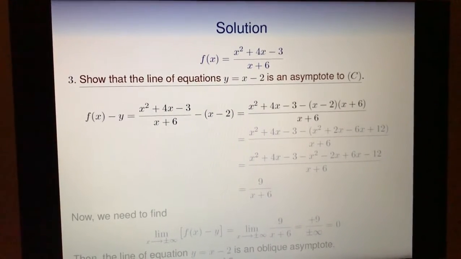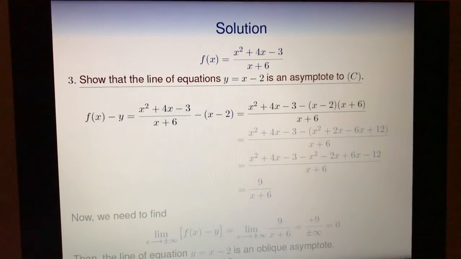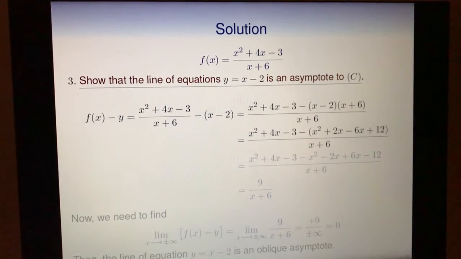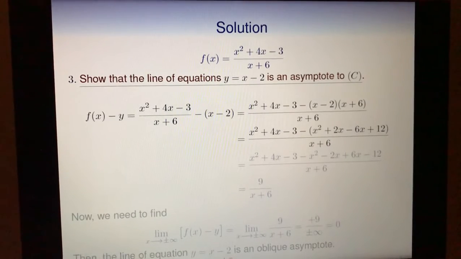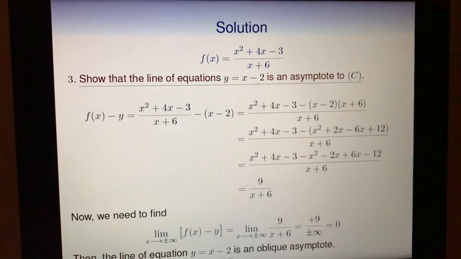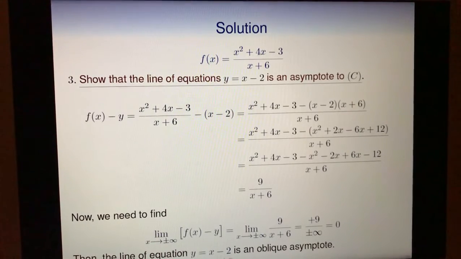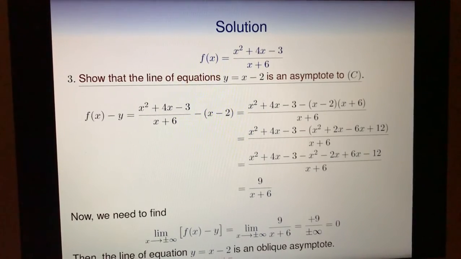Now take a common denominator between the two expressions. After taking a common denominator, expand and reduce the numerator expression. The numerator is simplified to 9 over x plus 6. So the simplified expression of f of x minus y is equal to 9 over x plus 6.